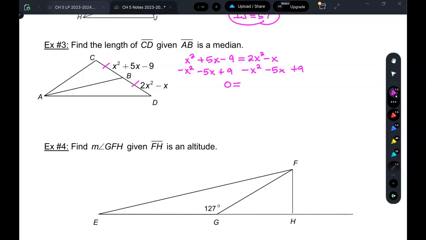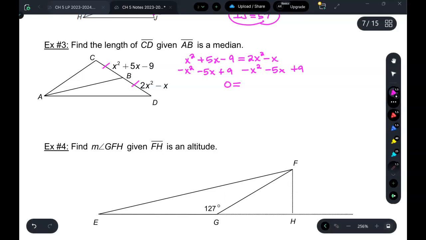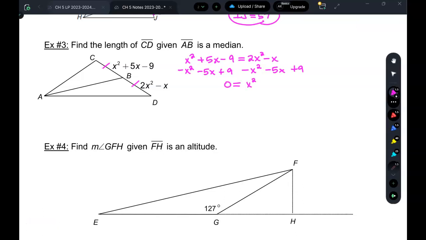It doesn't matter which side we move it to. I just like to have the x squared being positive. It just makes it a little easier. So 2x squared minus x squared is x squared. We have minus x and a minus 5x, minus 6x plus 9.